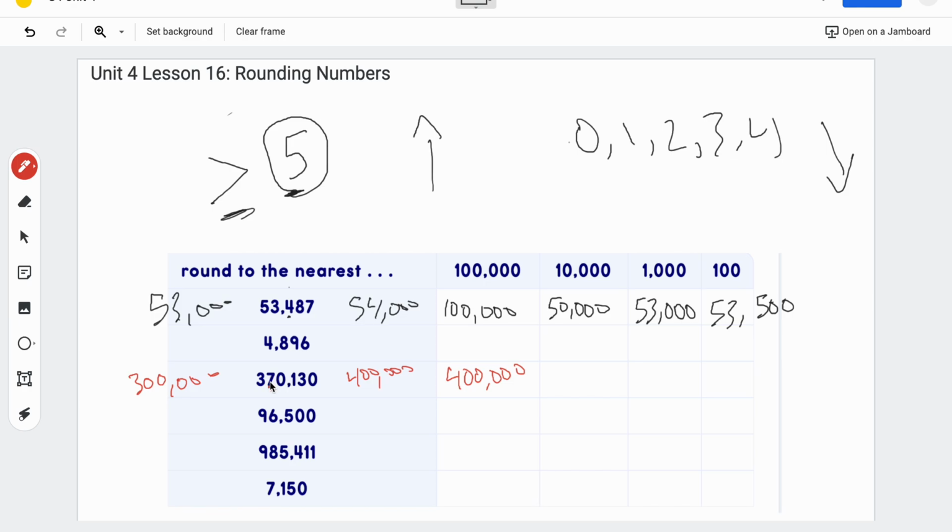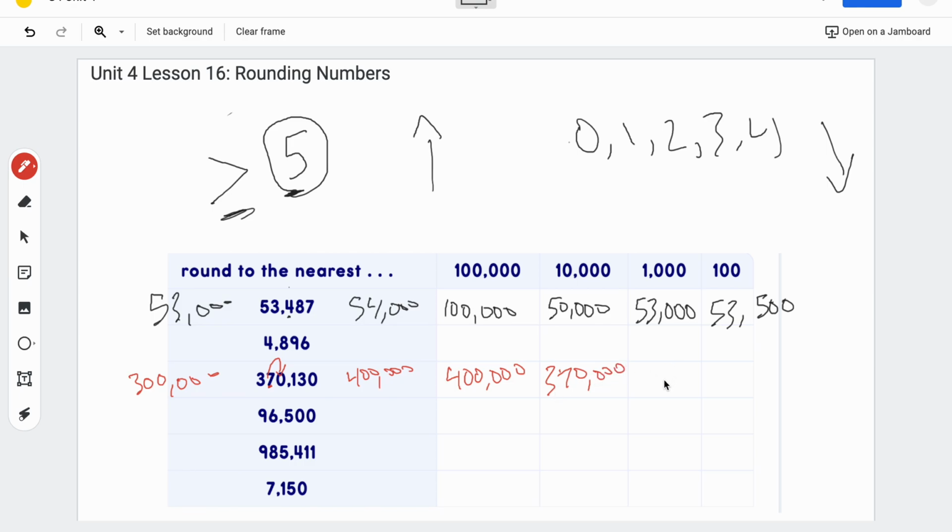Well, you look next door to the right. I see a 0 there, so we're not going to run up. We're going to run down to 370,000. So this number is closest to 370,000.